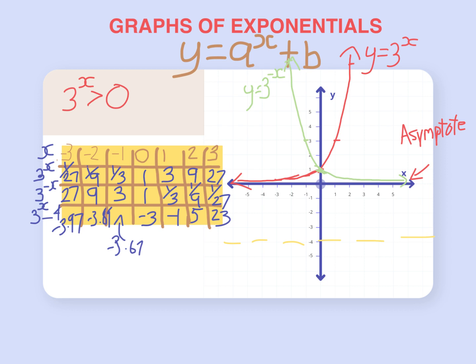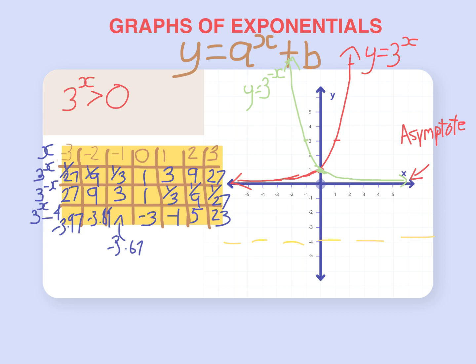So when you have a graph y equals a to the x plus b, this b will be the asymptote. Y equals b, a horizontal line through b, will be the asymptote. So for y equals 3 to the power of x minus 4, our b is negative 4. So the asymptote is a horizontal line through y equals minus 4.